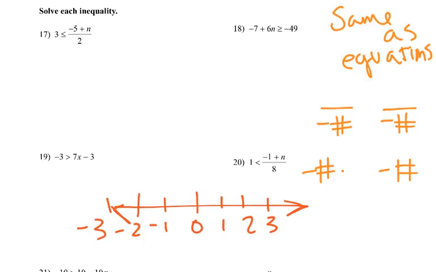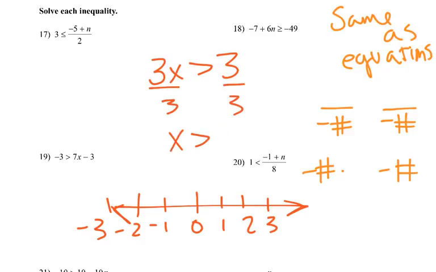Okay, let's think of this. We'll go 3x is greater than 3. So if I solved for x, I'd get x is greater than 1. So I would have a hollow circle, and then I would shade above that, right? Well, what if we change this to a negative 3x, and this changes to a negative?